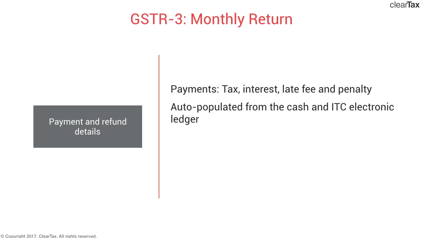Cash ledger maintains all the records of actual cash payments that you've done towards your tax liability, and input tax credit ledger obviously maintains the ITC that you've claimed. These are the 2 modes by which you can pay tax. So your payments are auto-populated from these 2 ledgers.